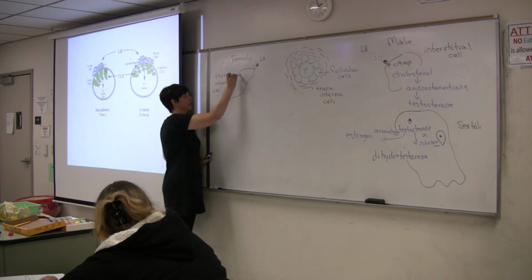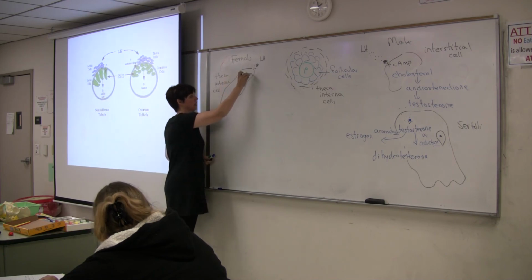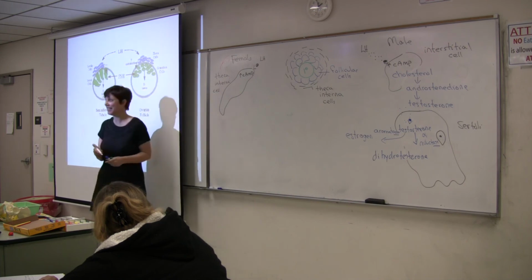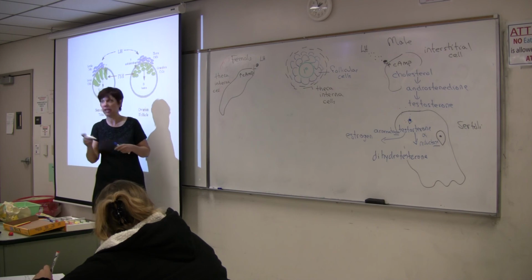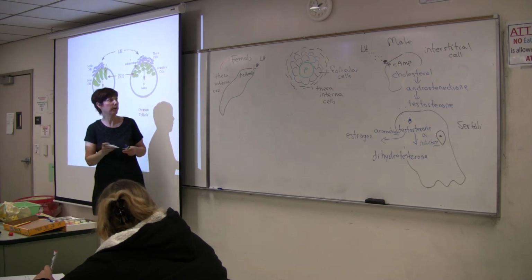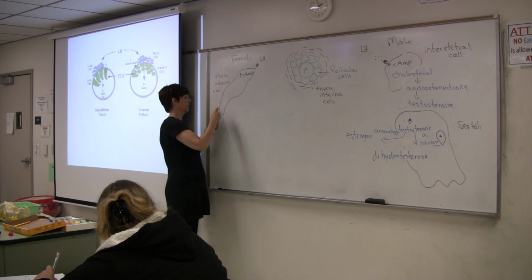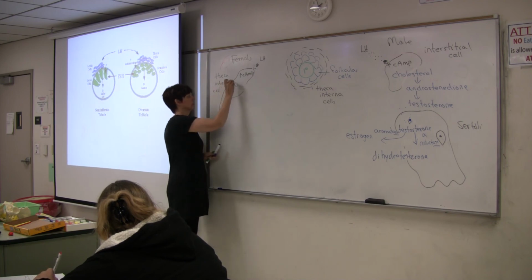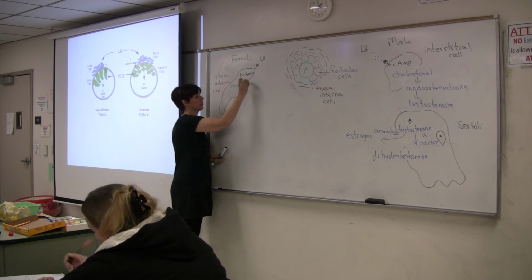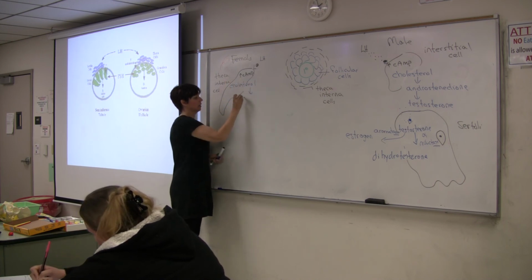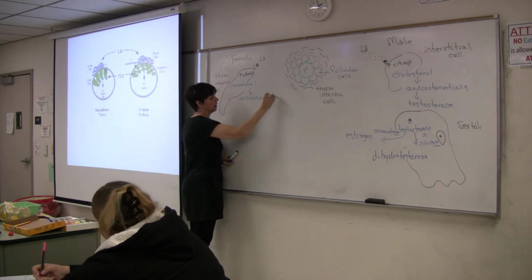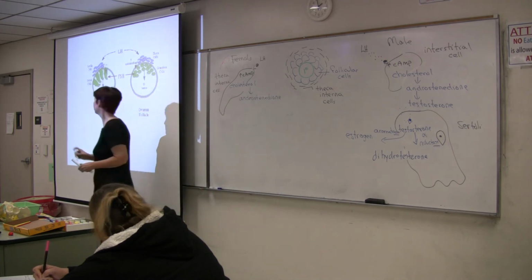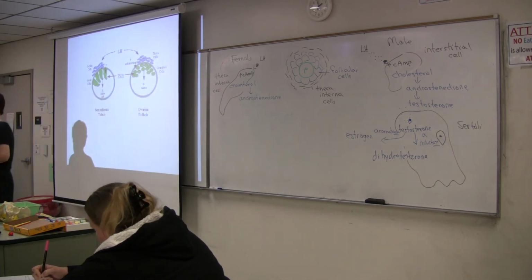That causes an increase in the levels of cyclic AMP, which activates enzymes via the protein kinases that will convert cholesterol to androstenedione. Same thing that occurs in the Leydig cells, right?